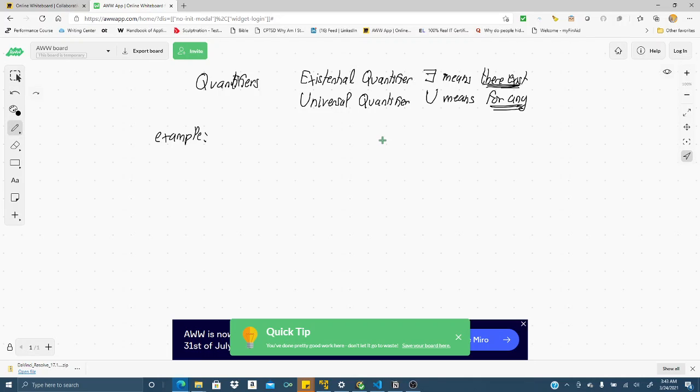Okay, so for all i belongs to I, it's equal to every element of S such that there exists an index i.